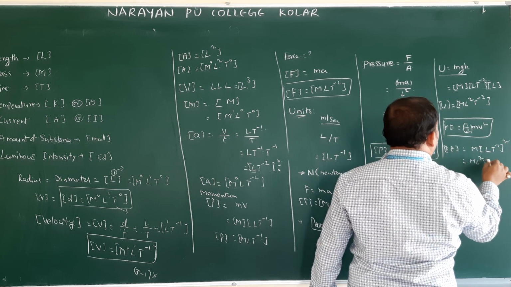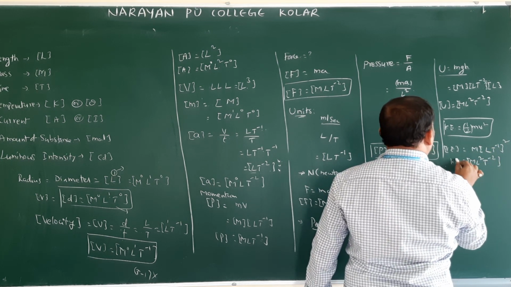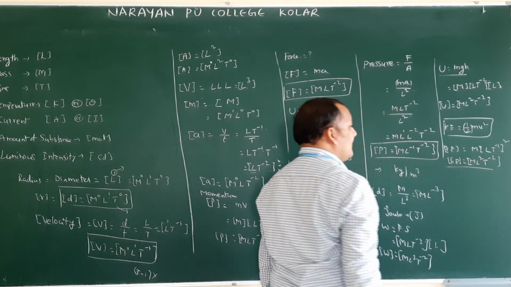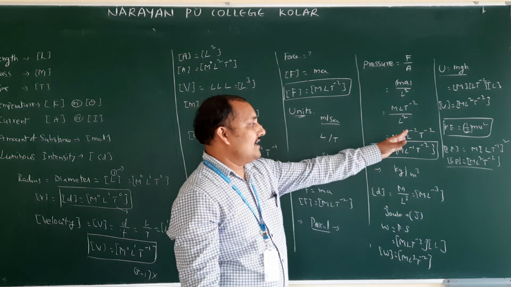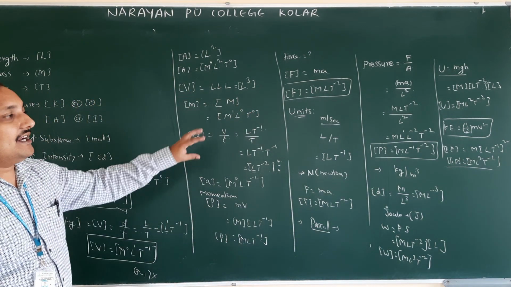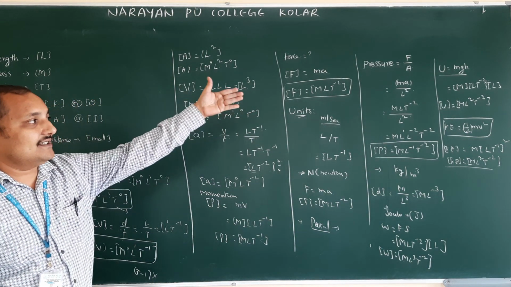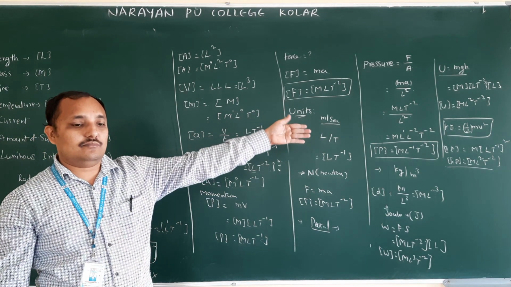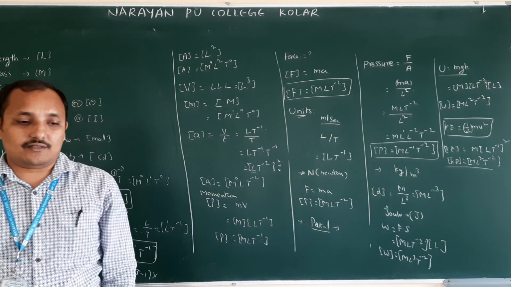Therefore, M L square T power minus 2. This is the dimension formula for energy. So work, energy, force, momentum, pressure, all these we wrote. Try to remember this. If you forget, try to write like that. So we will see our next concept.